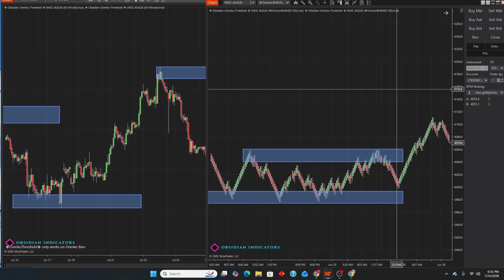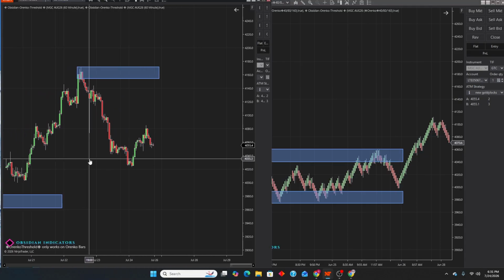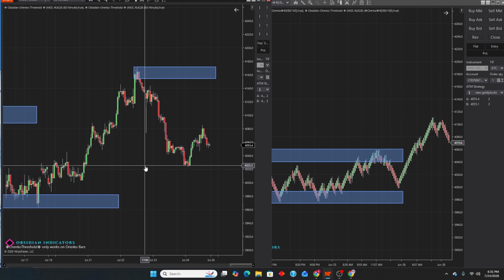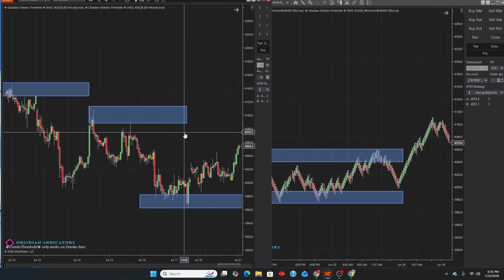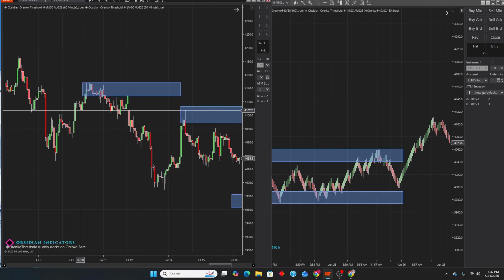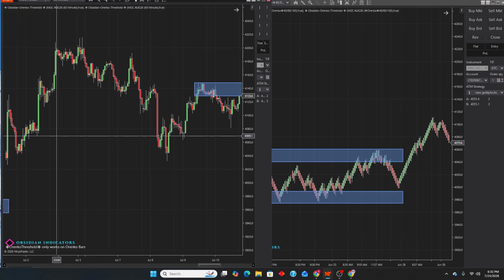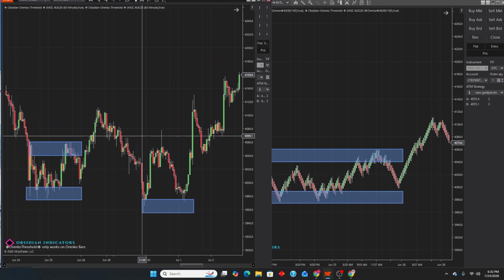Okay, so I made sure I drew out all my boxes, and we're going to go back and look. If you noticed, where there's roofs and floors, they all look like areas where price has come, bounced, and showed some type of rejection. Look, boom, boom, boom. It's showing you price does not want to go above or beyond that area.